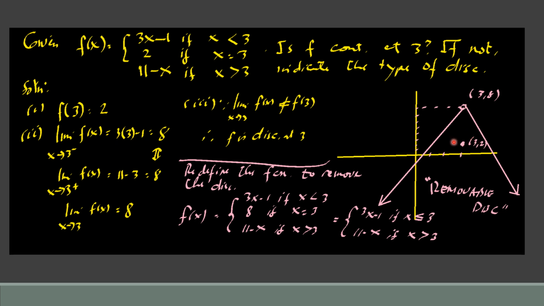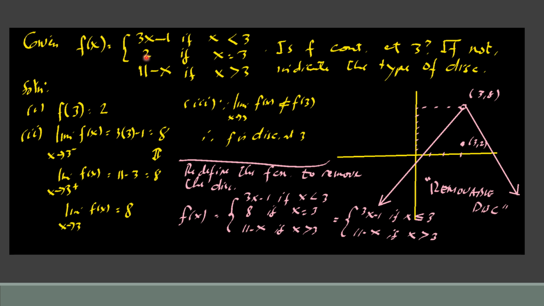And the type of discontinuity here is a removable discontinuity. Why? Because by taking off the point (3, 2) and plugging it in to the point (3, 8), the open circle here, it will make the function continuous at x equal to 3. So we redefine the function as 3x minus 1 if x is less than 3, and when x is 3, it is equal to 8.